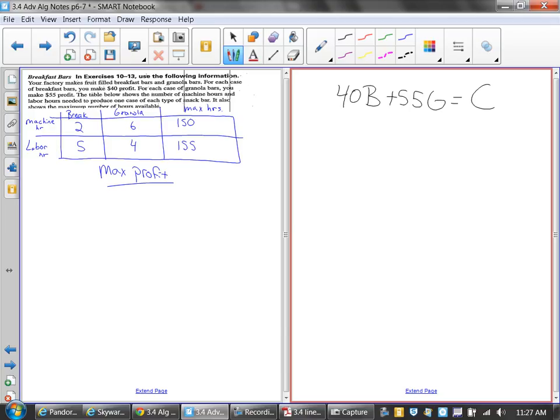The next two equations, or inequalities, are laid out for us. One of them talks about the maximum number of machine hours. The other one talks about the maximum number of labor hours. So it basically tells me 2B plus 6G is less than or equal to 150.